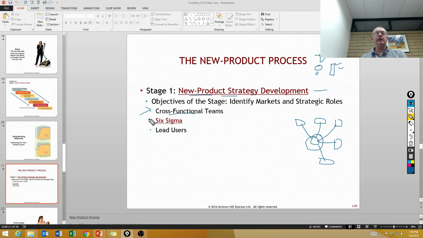You might try to come up with a new product idea using the Six Sigma process. Six Sigma is a manufacturing process to manufacture products of very high quality.